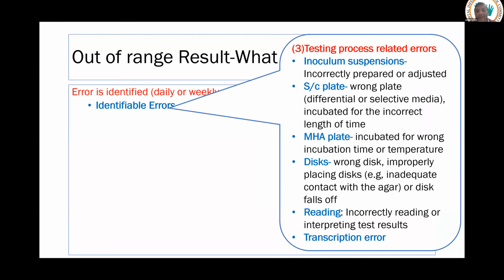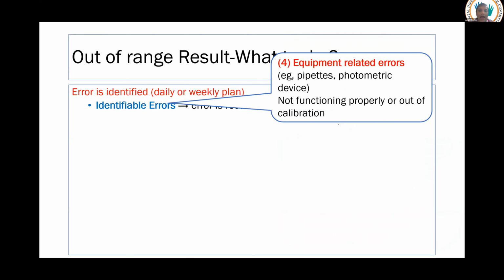Testing process related errors: you have not done the subculture properly, you have not put the AST properly, there is a reading error, or you have chosen the wrong disk, or the MHA or incubation time is wrong. All these are called testing process related errors. The fourth one is equipment related error.